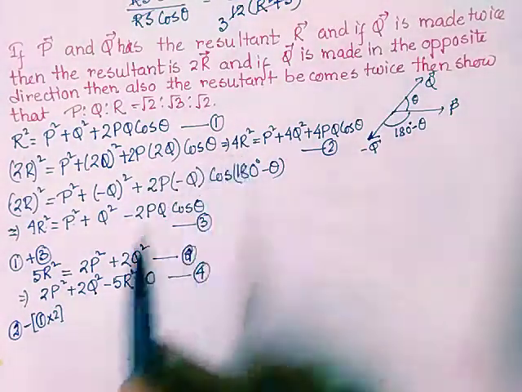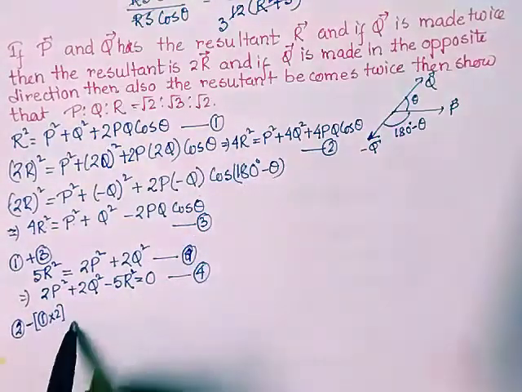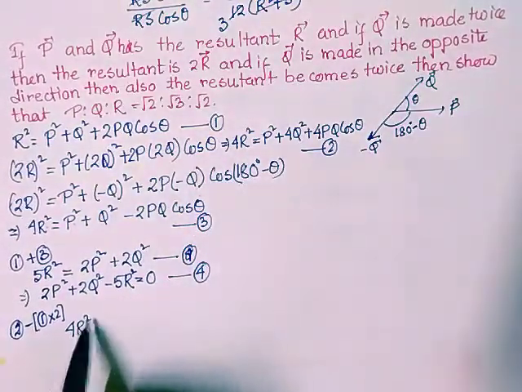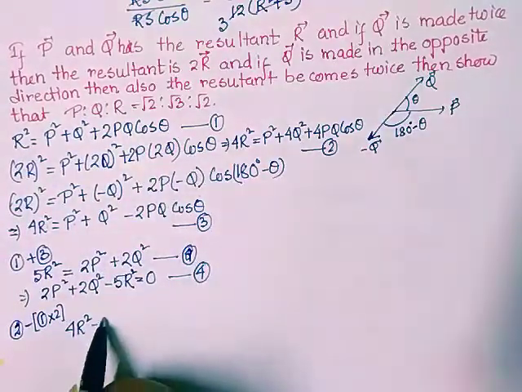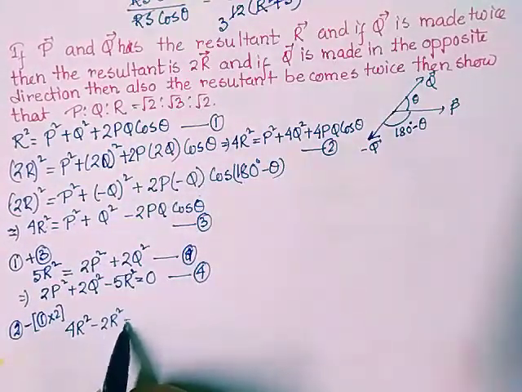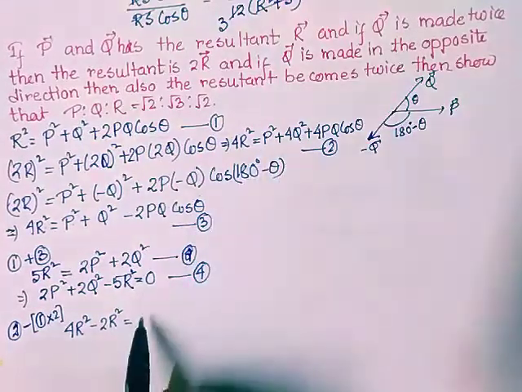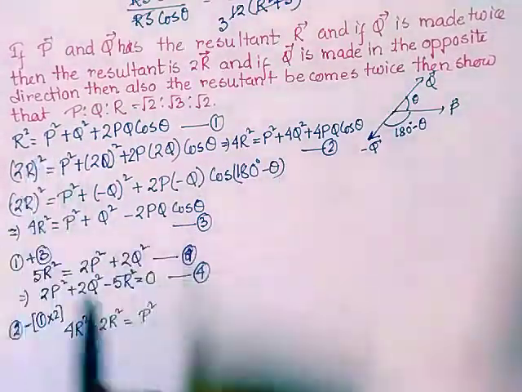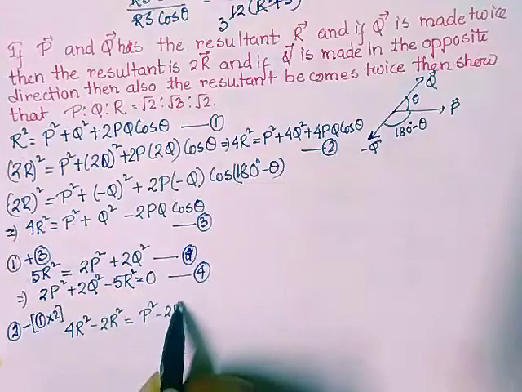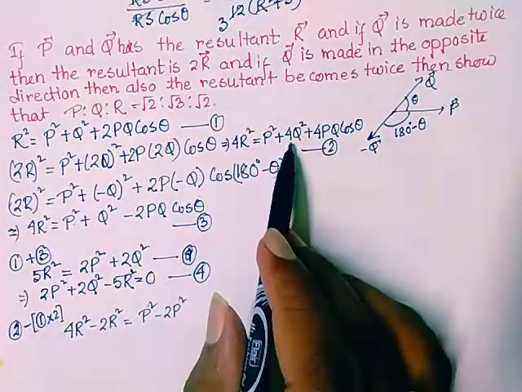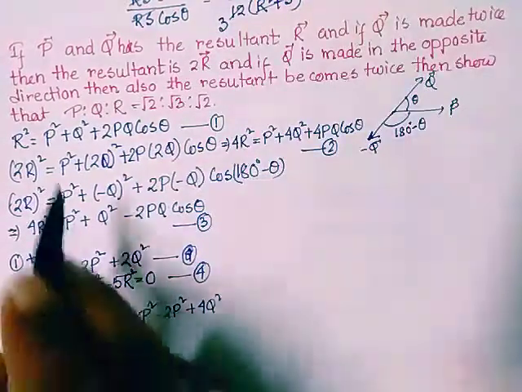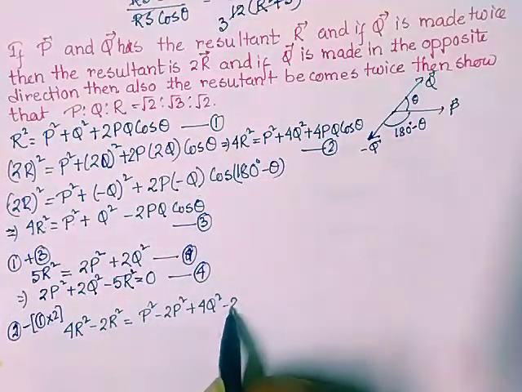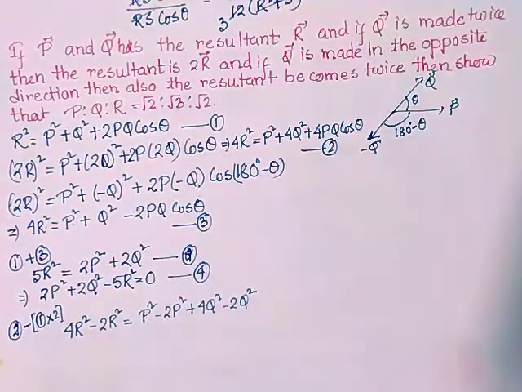So 4r square in the equation 2, minus 2 into equation 1, that means minus 2r square, p square, here minus 2p square, 4q square, here minus 2q square.